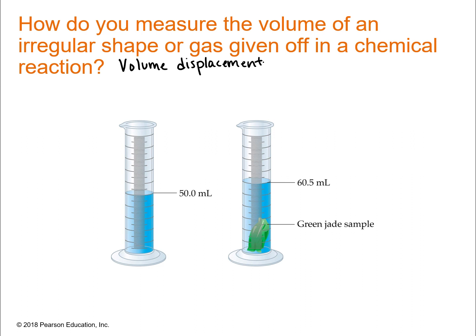If I have a sample of green jade, and I start with 50 milliliters of water in a graduated cylinder, then I add my solid, and now I have a final volume of 60.5 milliliters. Then I can figure out the volume of my solid.